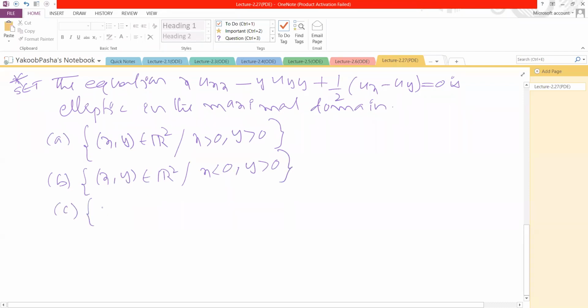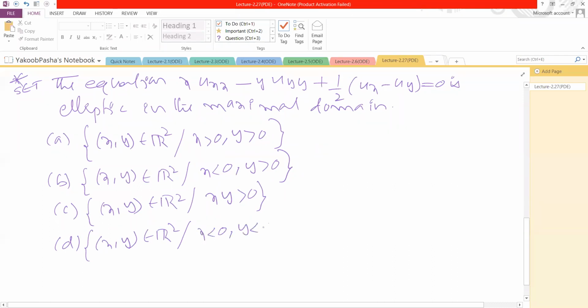And option C, set of (x, y) belongs to R2 such that xy greater than 0. And option D, set of (x, y) belongs to R2 such that x less than 0, y less than 0.